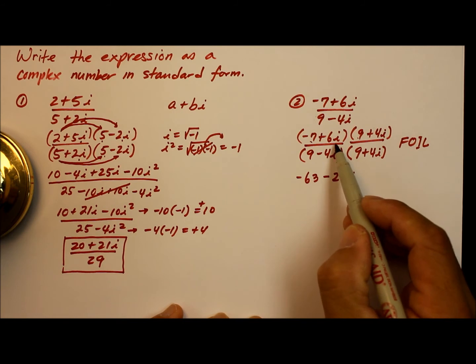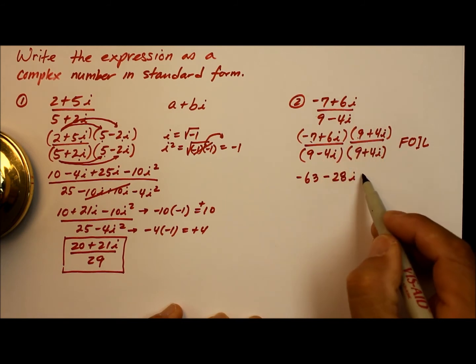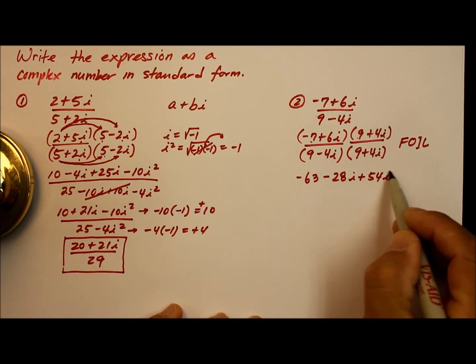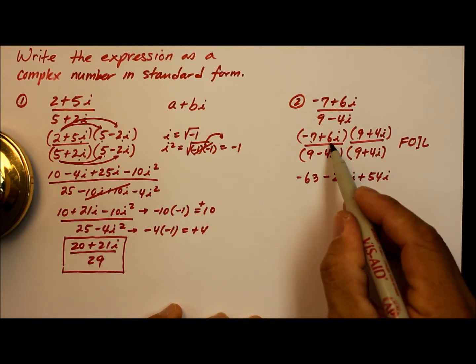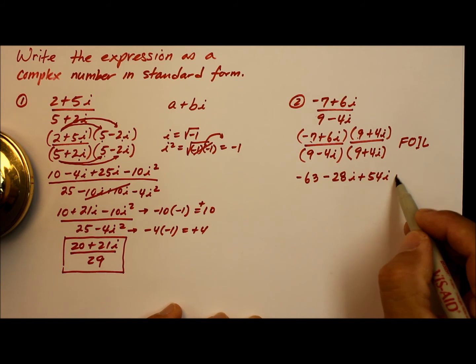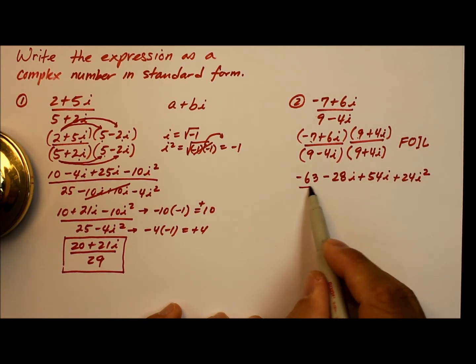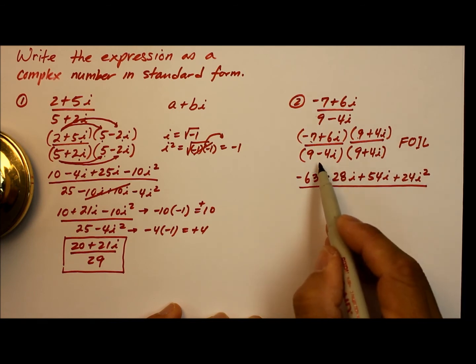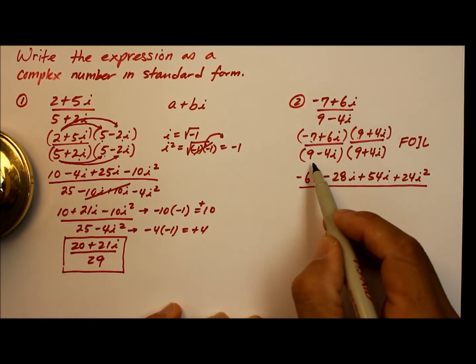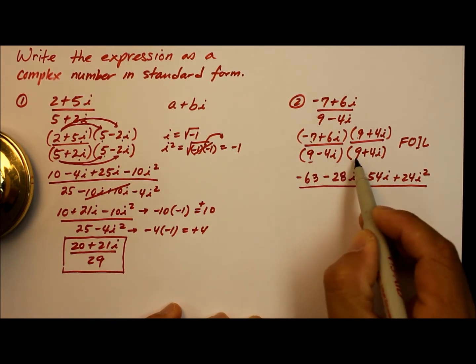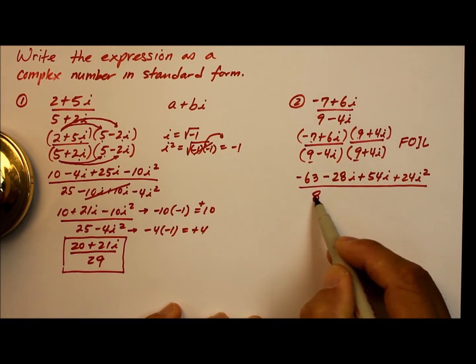Finally, the inside terms, 6i positive times 9 positive gives you positive 54i. And positive 6i and positive 4i gives you positive 24i squared. Over, now the bottom terms, the first of the two binomials, 9 and 9, gives you 81 when you multiply.